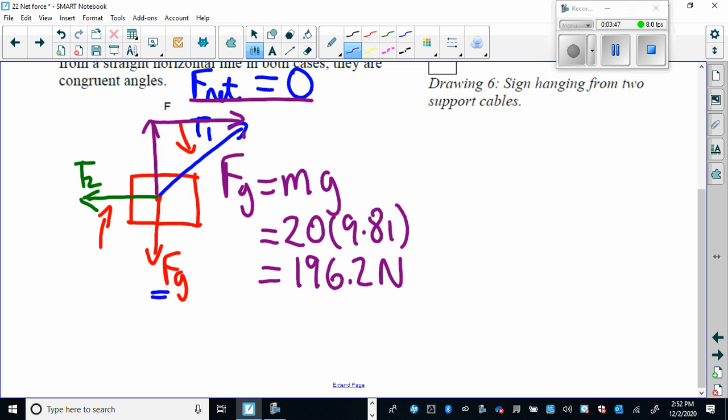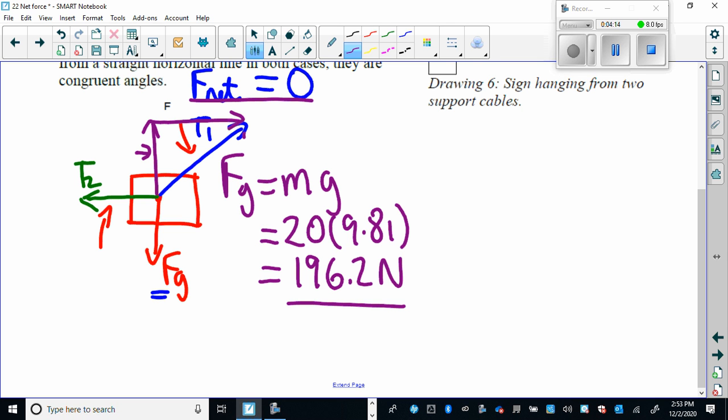So just by looking at this free body diagram and the alterations we've made to it, you can see that this purple vector here going up must be this value here. That makes sense, because if 196.2 newtons is pulling it down, then the vertical component of T1 must be pulling it up with an equal and opposite force.